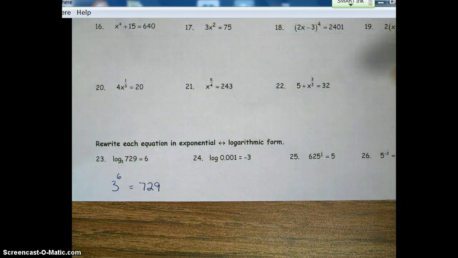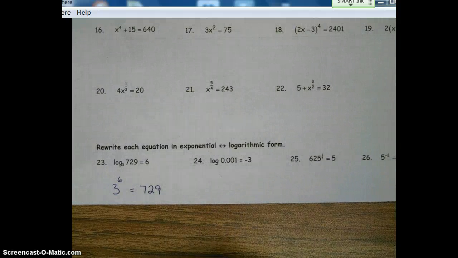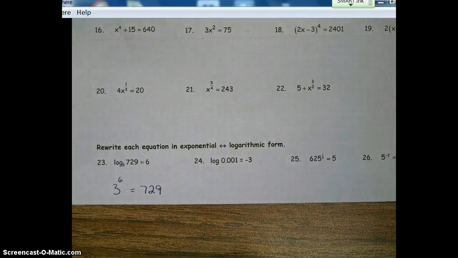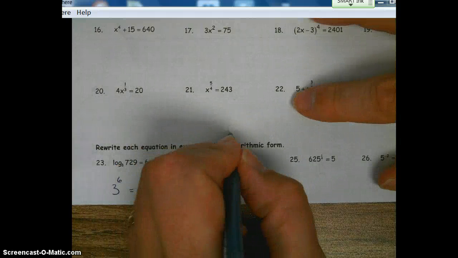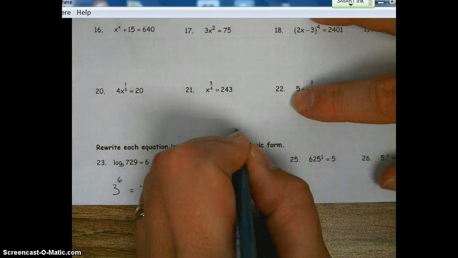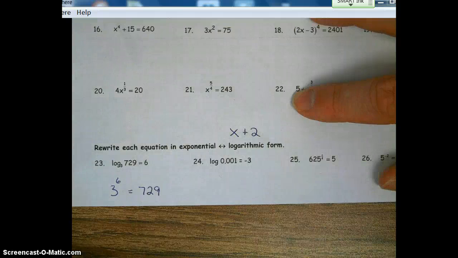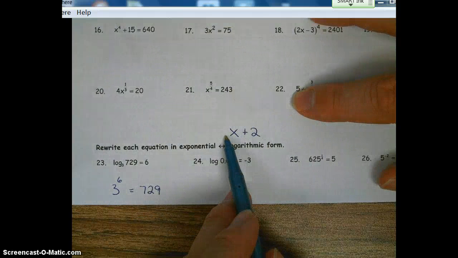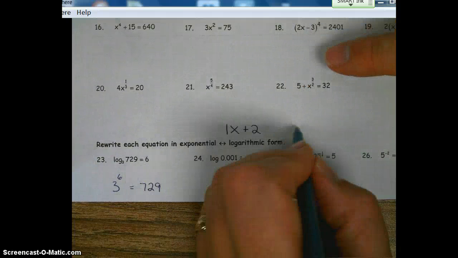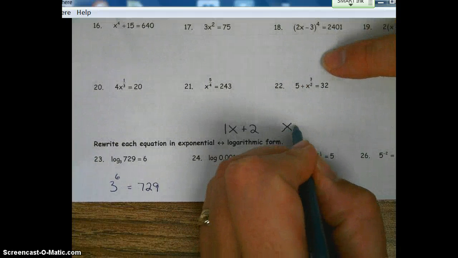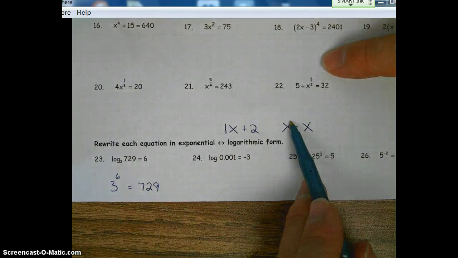Okay, something new. No number. You know, math is full of assumed numbers, numbers that are there but you don't see them. For example, if you had x plus 2, what is the number in front of the x? Why, it's a 1, of course. If I have x times x, what's the exponent?